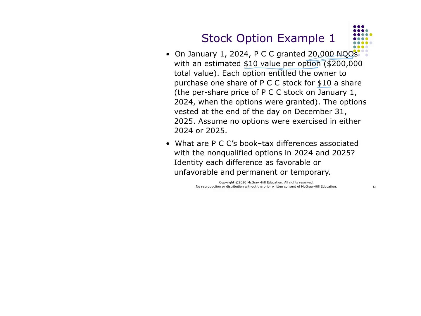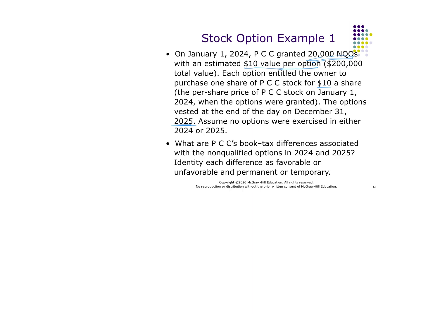The options vested at the end of the day on December 31st, 2025. Assume no options were exercised in either 2024 or 2025. What are the book tax differences associated with the non-qualified options in 2024 and 2025? Identify each difference as favorable or unfavorable and permanent or temporary.